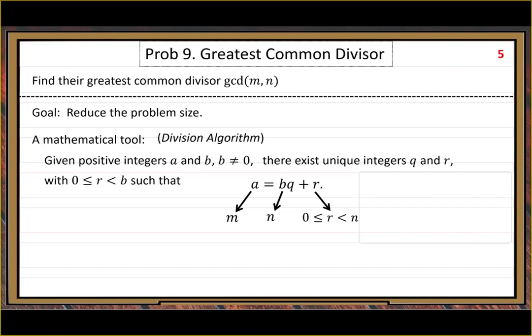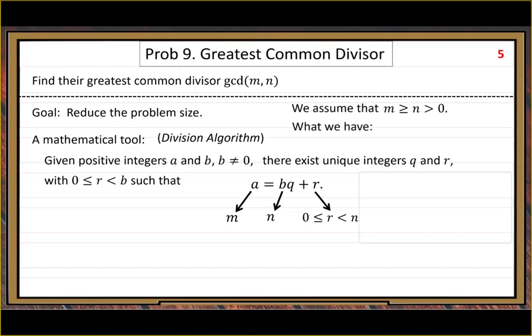After we do division, we will get a Q and R. So we don't worry about Q and R. Now, for simplicity, we assume m greater or equal to n and greater than 0.